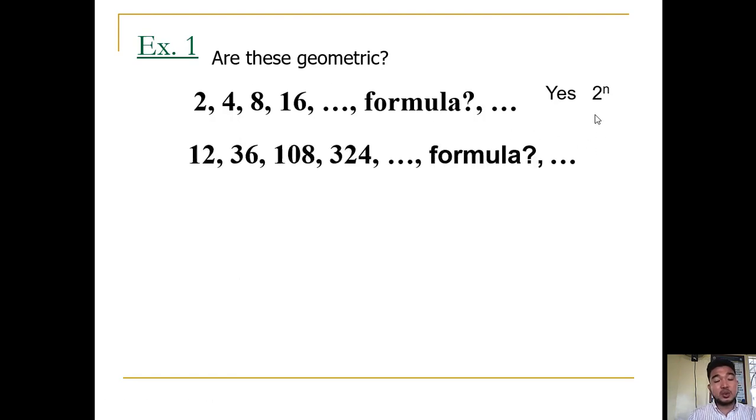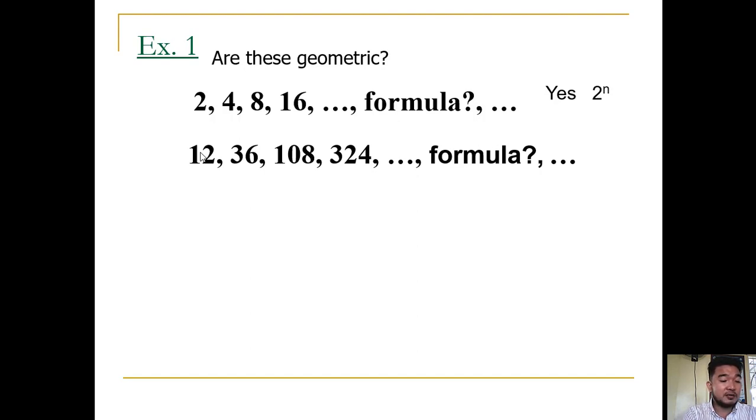How about this one? 12, 36, 108, 324. Let us check whether this sequence is a geometric one or not. So let us divide 36 by 12. That is equal to 3. And then 108 divided by 36, which is also equal to 3.